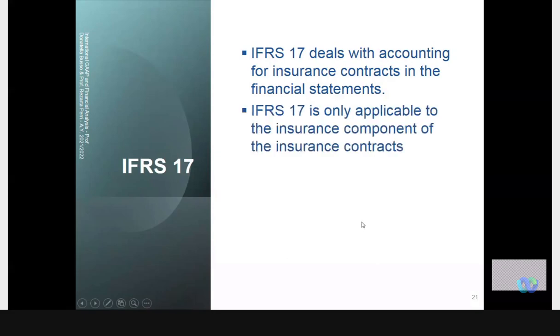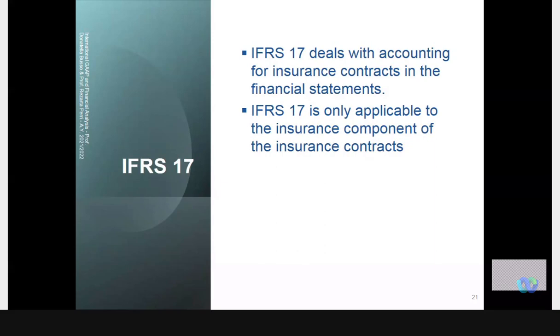Something else is that the IFRS 17, as I mentioned, is only applicable to the insurance component of the insurance contract. If the insurance contract has some investing features or some financial features, that will be covered by another standard. That is only the insurance component. That is the liability to pay for the damages that may happen in the future.